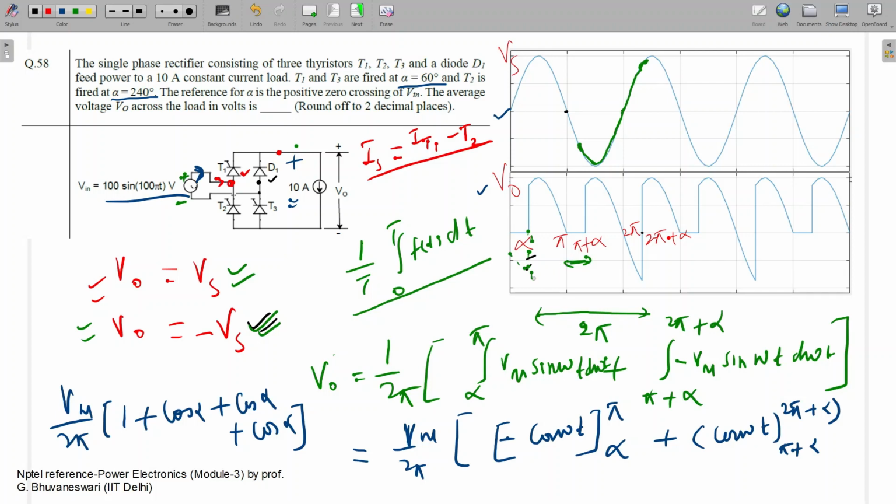In 360 duration, only for the alpha duration, source current will not be present. See, this freewheeling is happening in all 360, this is the 360 degree duration. For how many angle is freewheeling happening? Alpha angle only. So when this will conduct, that time only source current will not be present. Other time source current will be present, either plus 10 or minus 10. Okay. So how can we calculate the RMS value by the shortcut formula?